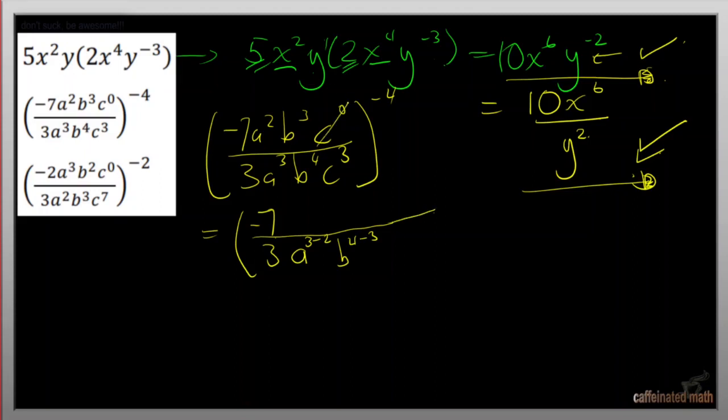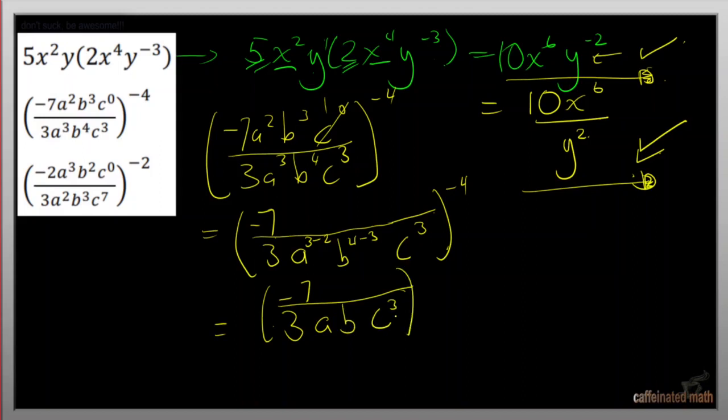Anything to the power 0 is just 1, so we know we have c cubed at the bottom, and then we have a negative 4 as our exponent on the outside of the bracket. So if we apply all of this, we're just going to have negative 7 all over 3, that's going to be a, b, c cubed.